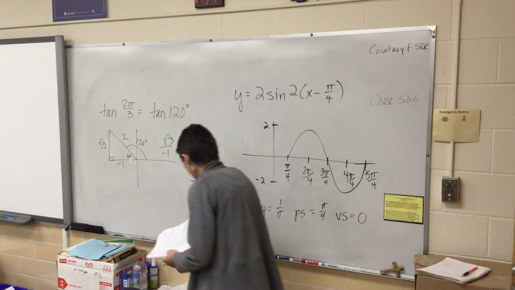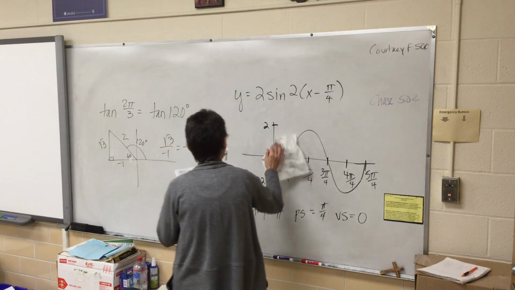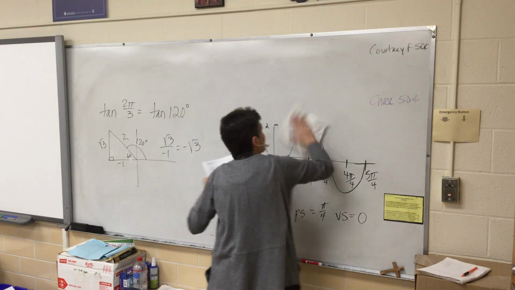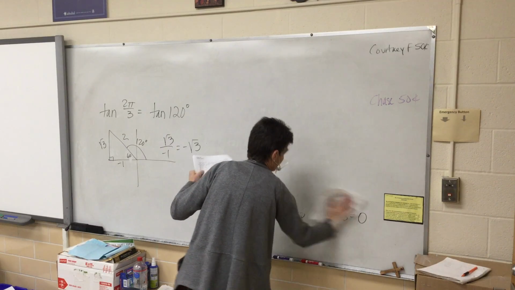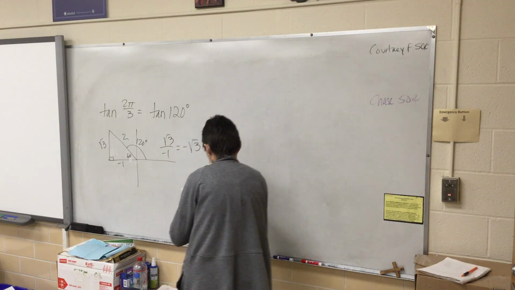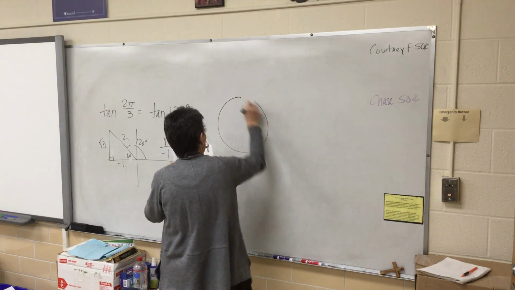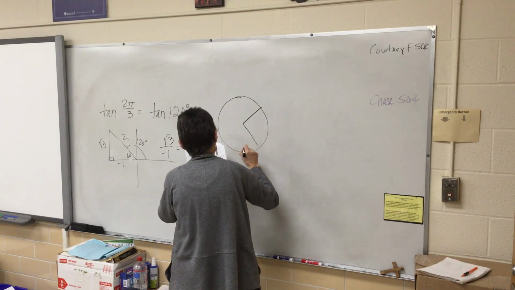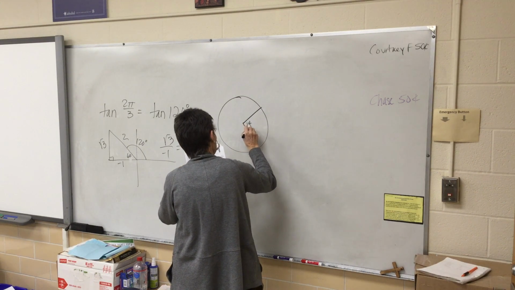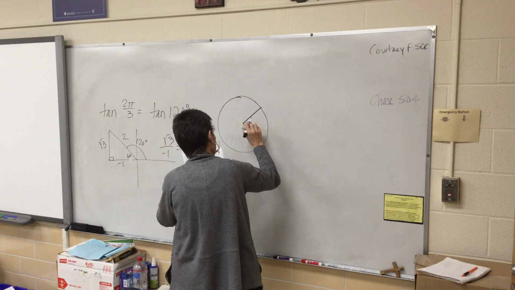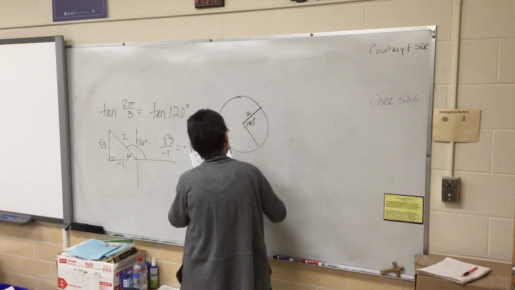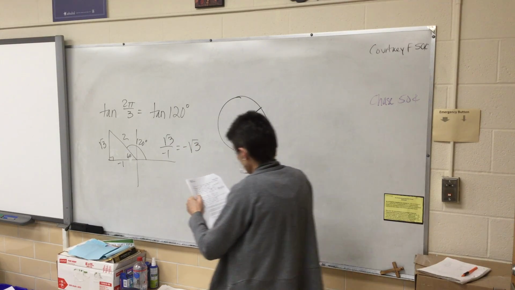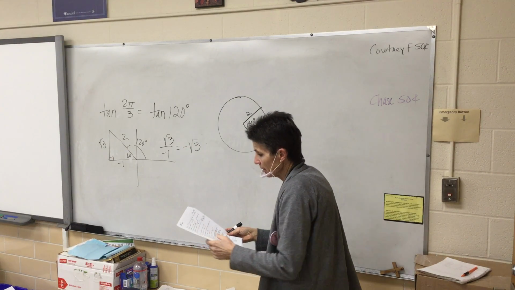All right, number 5, find the area of the shaded. All right, let's see. Okay, so this is 140 degrees, and the radius is 2, and I want to find the area of the shaded.